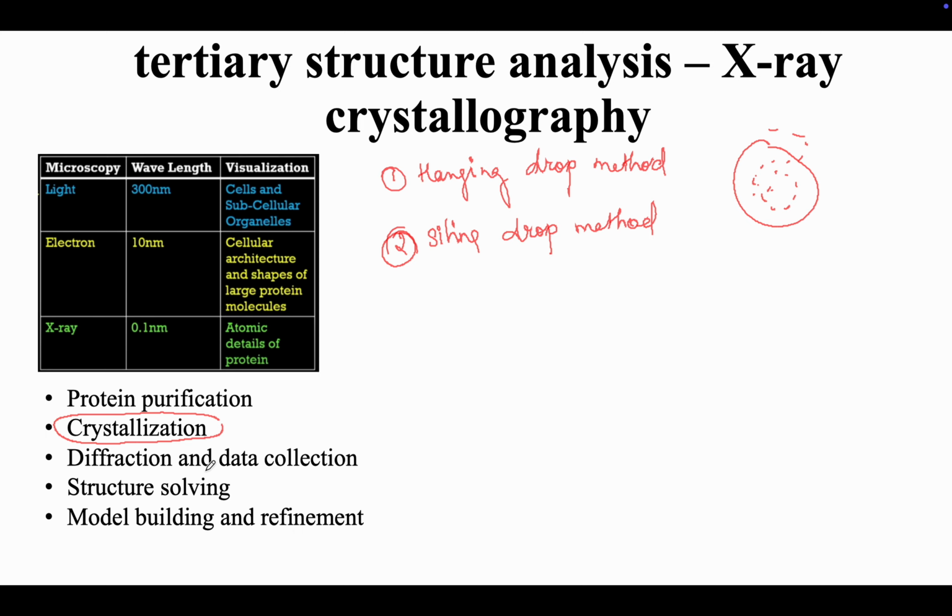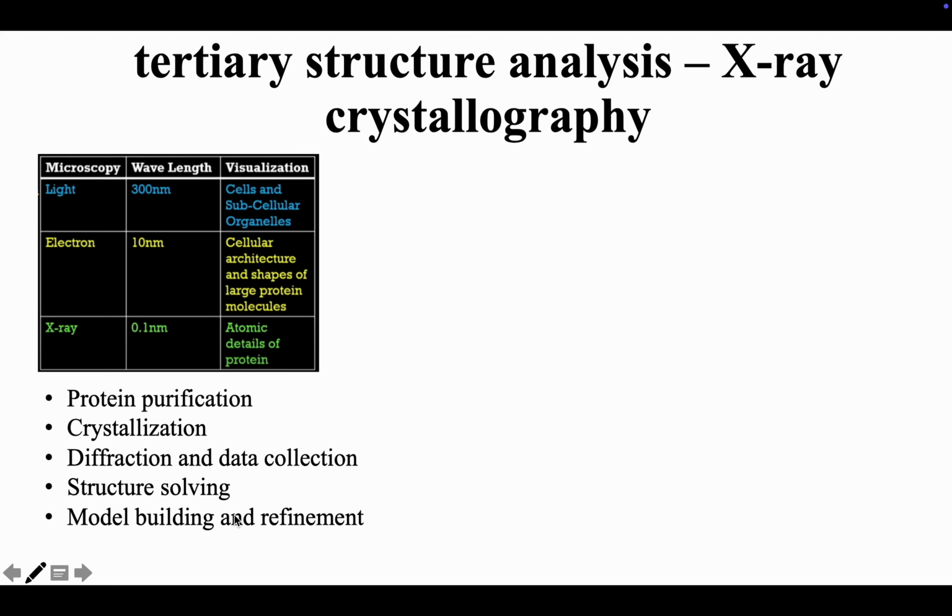Then further we can build a model and refine the model by validating it with the available data, or we can use the Ramachandran plot to validate. So this is the basis of X-ray crystallography.